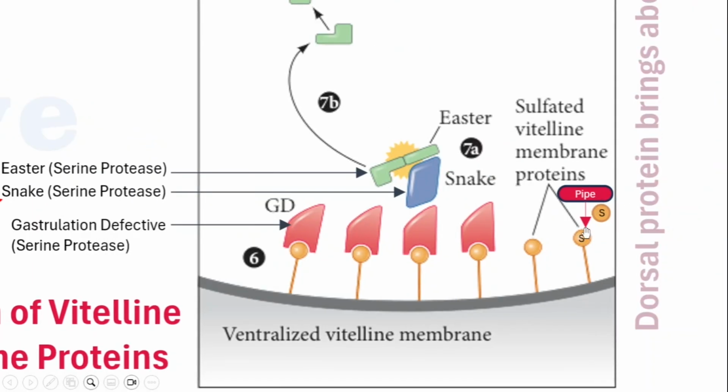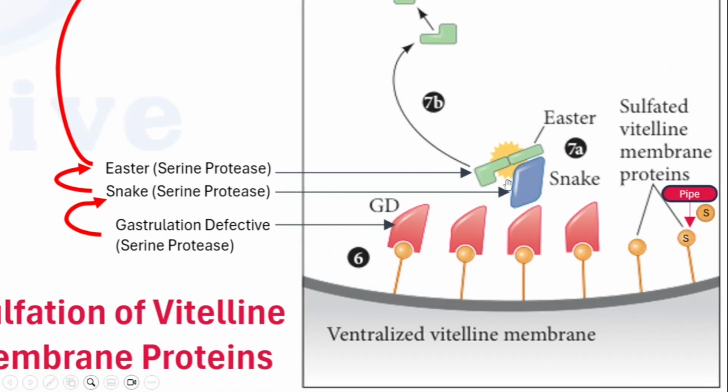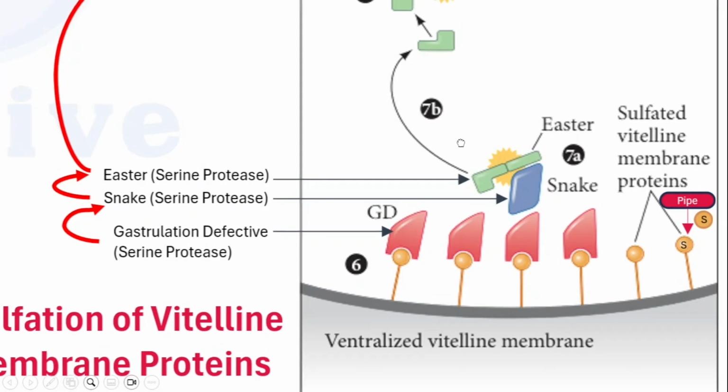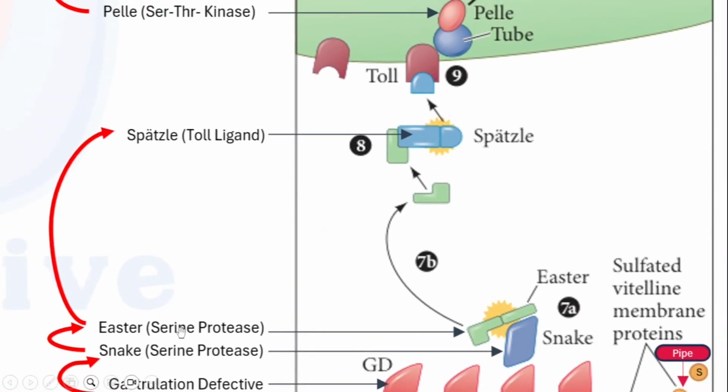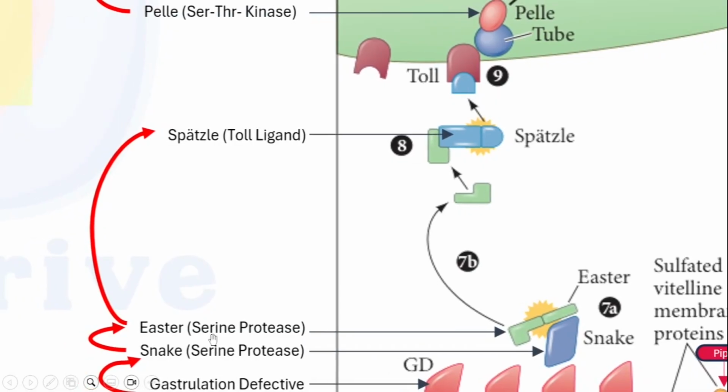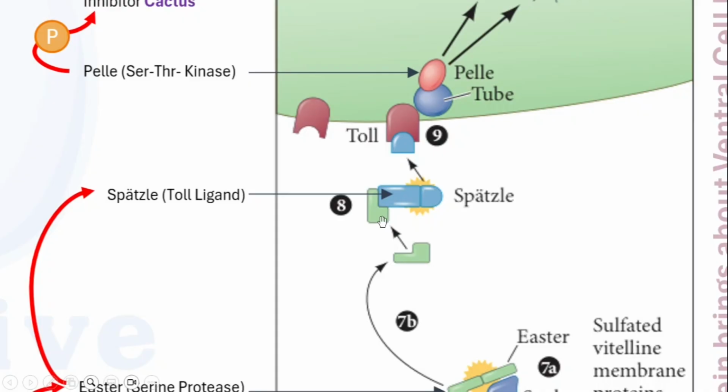Pipe is sulfating vitelline membrane proteins, which act as a docking site for gastrulation defective, which is cleaving the snake protein, and the snake protein is acting on easter protein, and the cleaved easter protein, which is the activated form of easter, is also a serine protease, and it is acting on a specific protein which is spatzle.